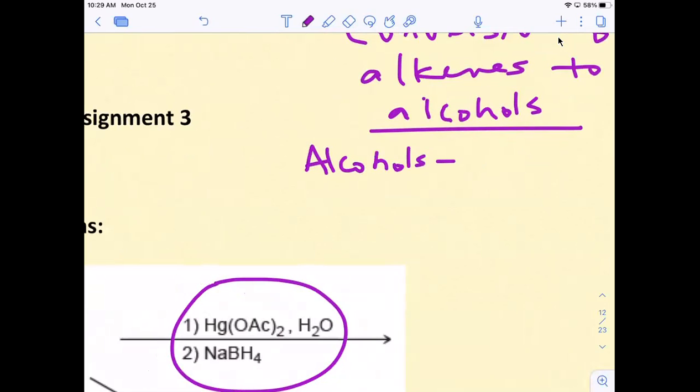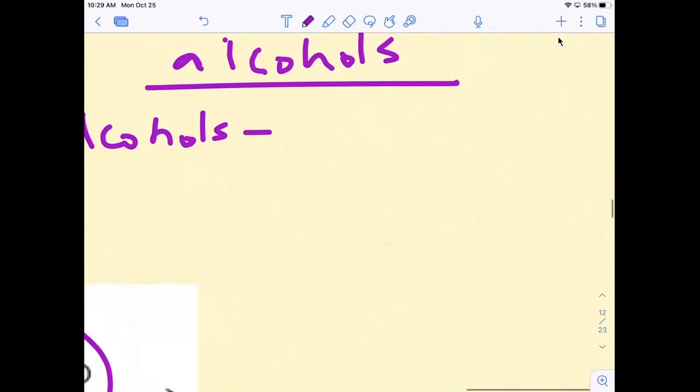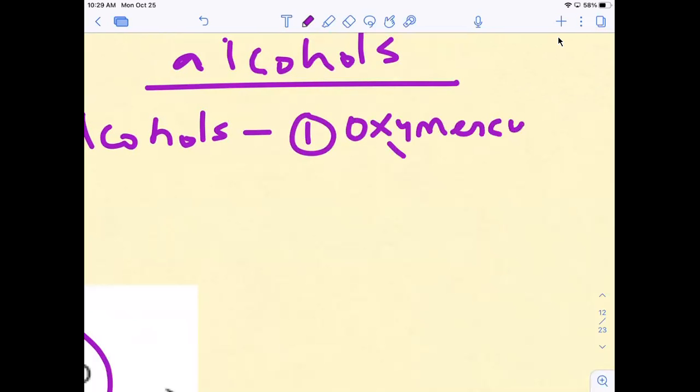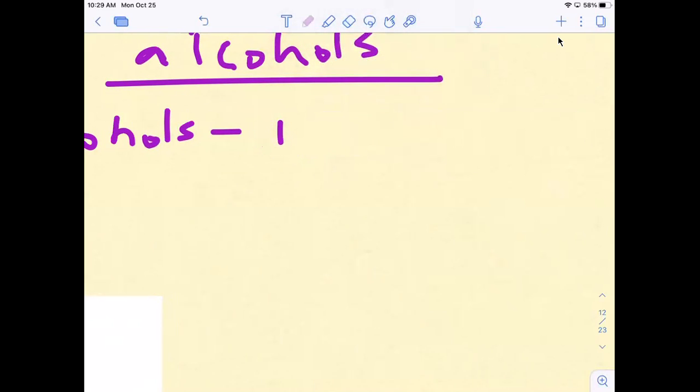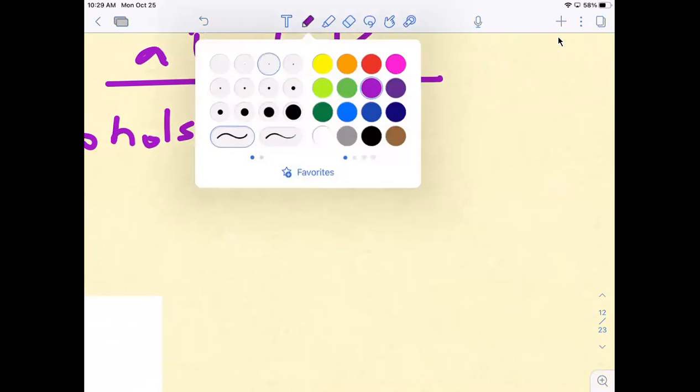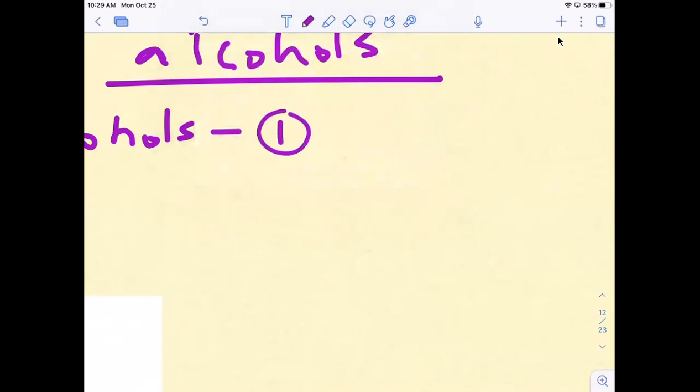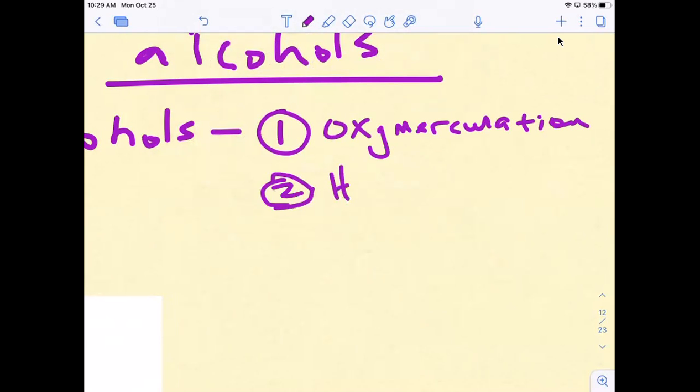we basically have two reactions that we're going to look at. One is going to be oxymercuration, and then the second one is going to be hydroboration.